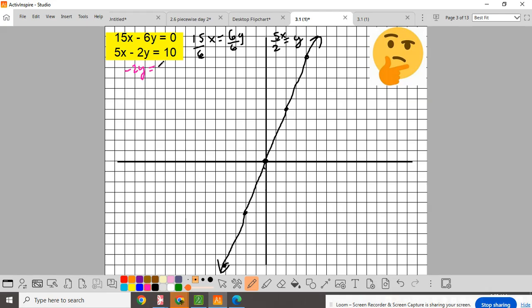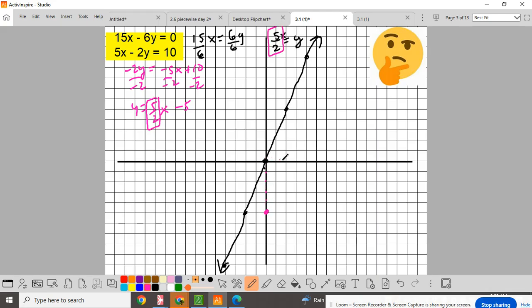Negative 2y equals negative 5x plus 10. Divide everything by negative 2. Y is equal to 5 halves x minus 5. You can tell that the slope here is 5 halves, and the slope here is 5 halves. We expect to have parallel lines.